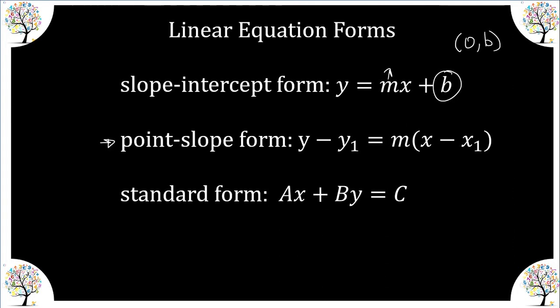Point-slope is useful when we do not have the y-intercept ordered pair, and we can use the slope and then one of the points to plug in, and we can find the y-intercept and write our equation in slope-intercept form. Then we have standard form, and this is where your x and y are on one side and your constant is on the other. Remember, the coefficients of x and y, your a and b, must be integers.